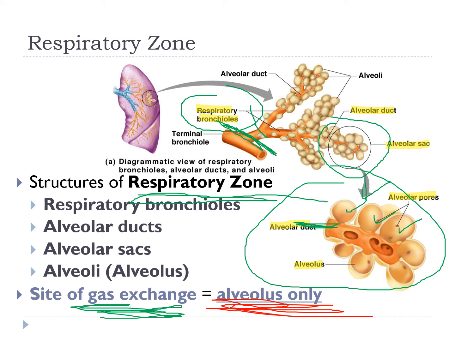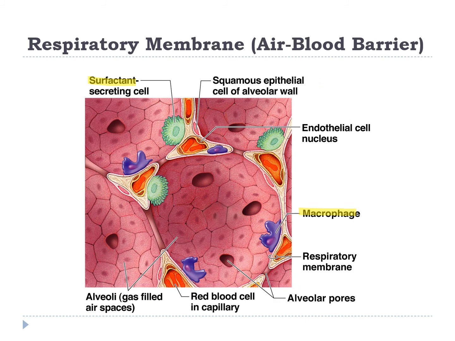The gas exchange only happens through the membrane of an alveoli. It happens through all the alveoli, but only through the alveoli. Gas exchange only happens through the membranes of the alveoli.